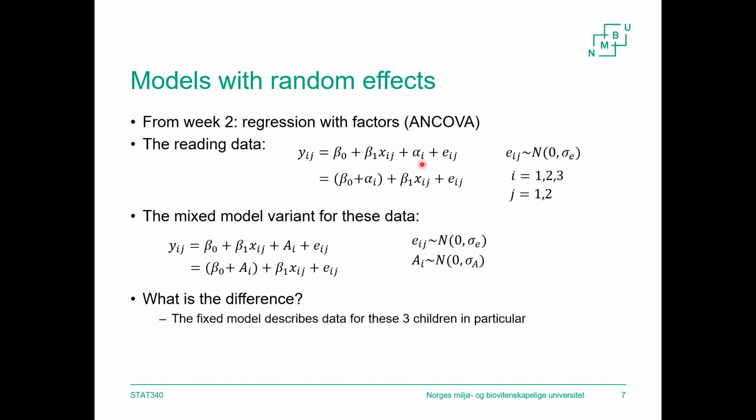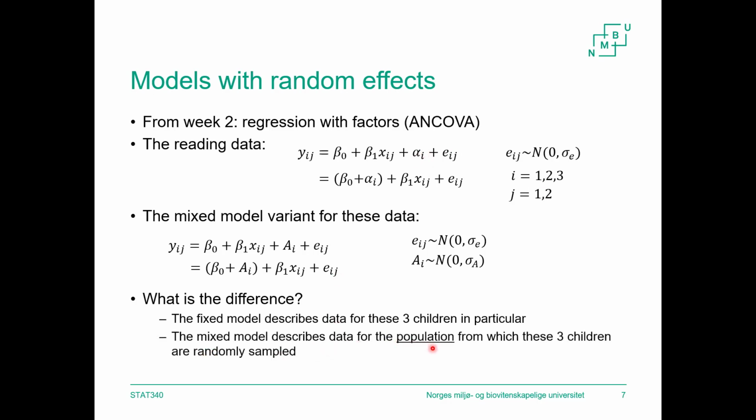The fixed model, as I call this one now, describes the data for these 3 children in particular. These 3 children that we have in our data set are described here. While the mixed model describes data for a population of children from which the 3 children we have are randomly sampled. Can you see that? This describes a bigger universe.